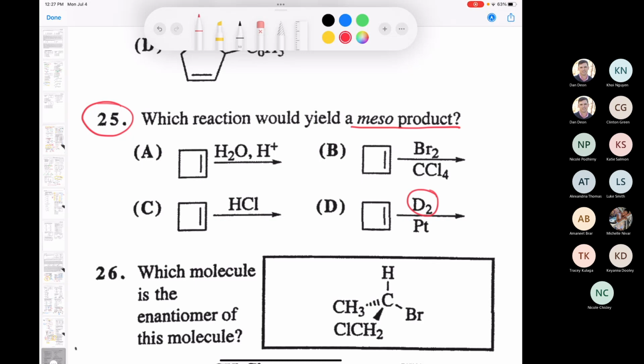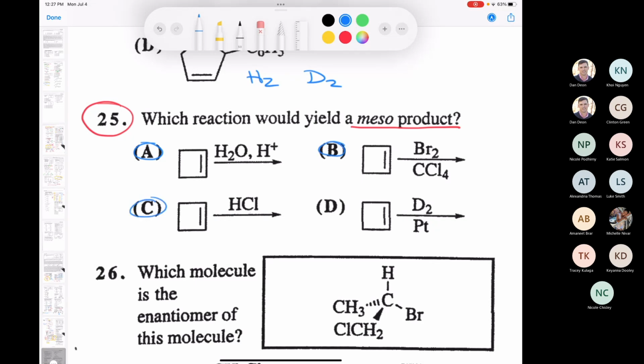Yeah, so exactly. Coy said deuterium gas, right? So instead of using H2, they're using D2. That's all. So it's just deuterium, a molecule of deuterium, D2, instead of H2. And so here we have hydration in A. In B, we have bromination.